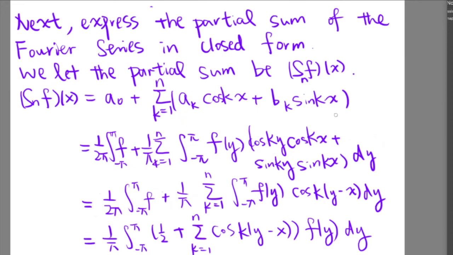Notice that it is the compound angle formula form, and therefore this expression becomes cosine k(y minus x). By the linearity of the integration, we know that the third line here will become the fourth line.